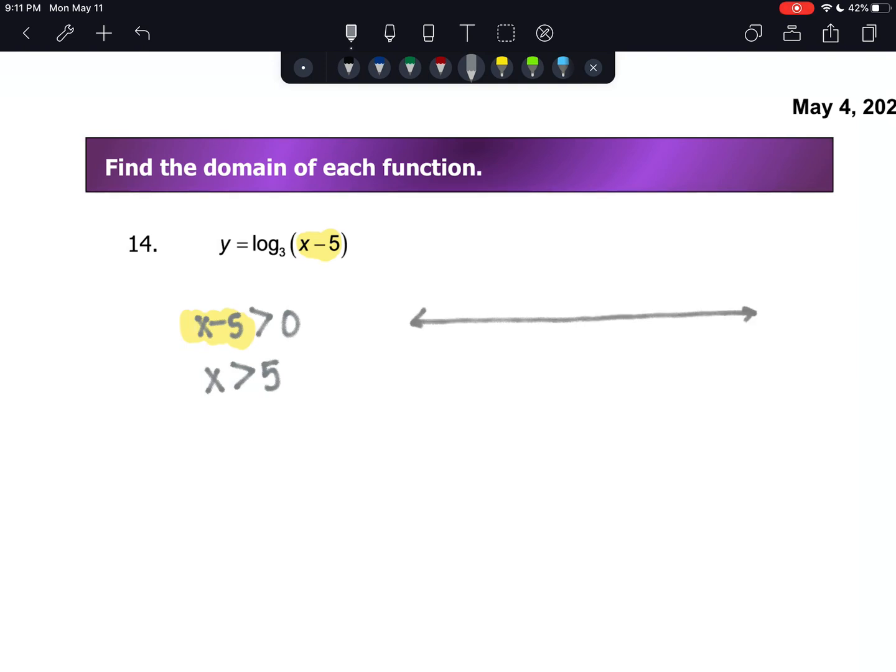So on our x-axis, this is our y-axis and this is our x-axis, 1, 2, 3, 4, 5, our domain would be all of the values greater than 5. So I couldn't put a 5 into the function, but I could put anything greater than 5 into the function. So that means the domain would be 5 to infinity.